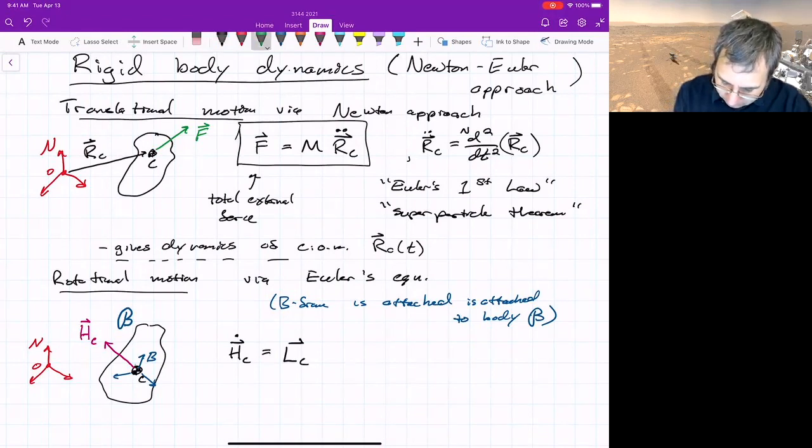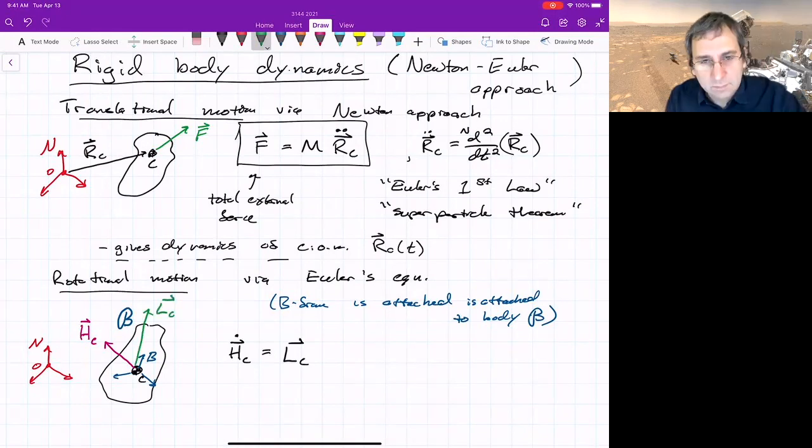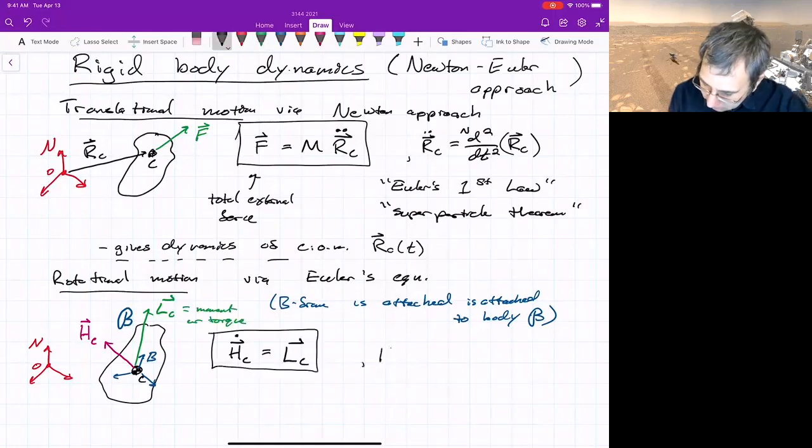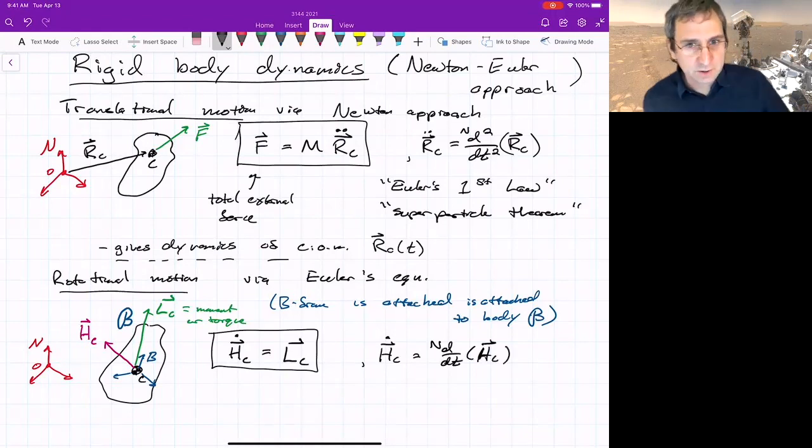So here is a torque. It's a torque vector about the center of mass, moment or torque. Of course, H_C dot, this is just shorthand for a derivative with respect to the inertial frame of the angular momentum of the body about the center of mass.